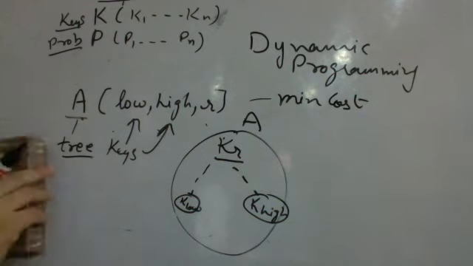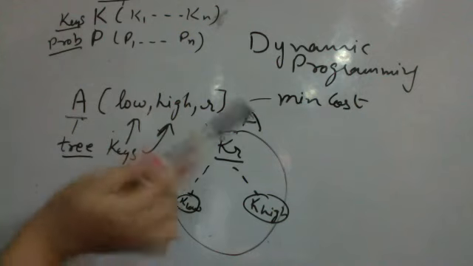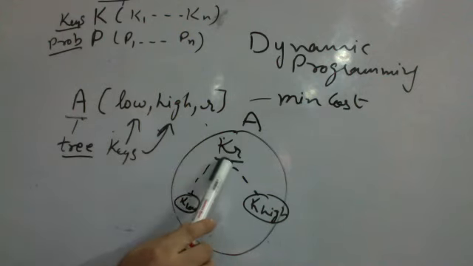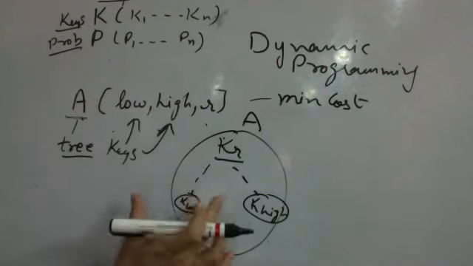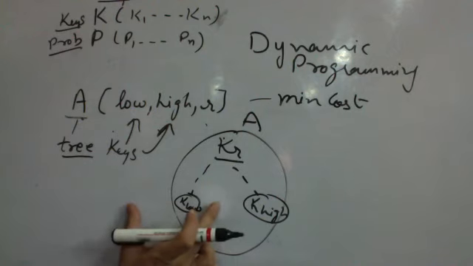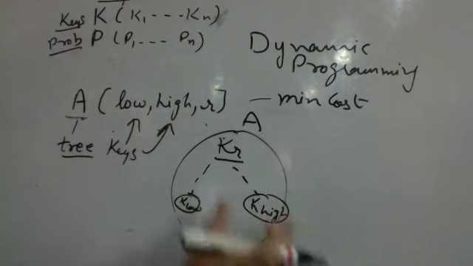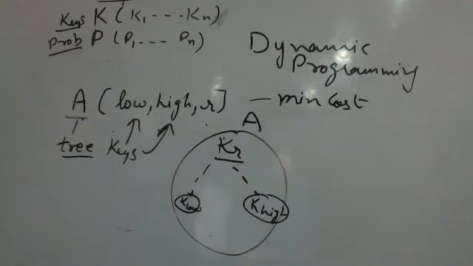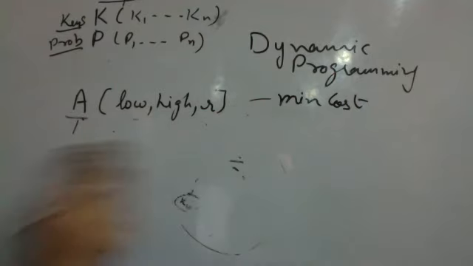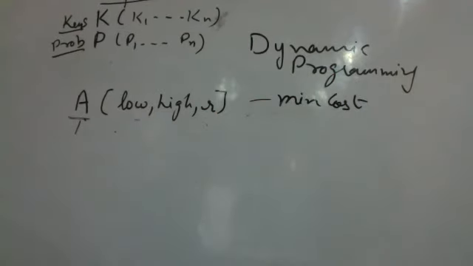If I am going to calculate A, first of all, I need to add the probability of searching the root. Then I need to add the minimum cost of searching in the left tree and the minimum cost of searching in the right tree. Yes or no? I hope I am audible and my connection is not breaking right now.